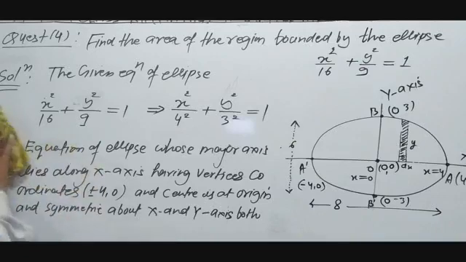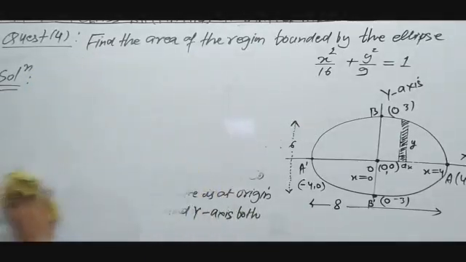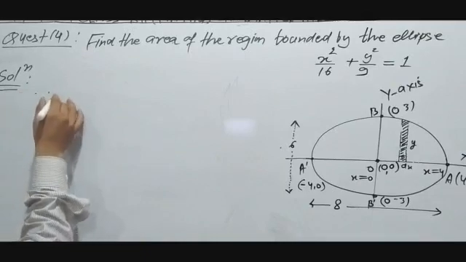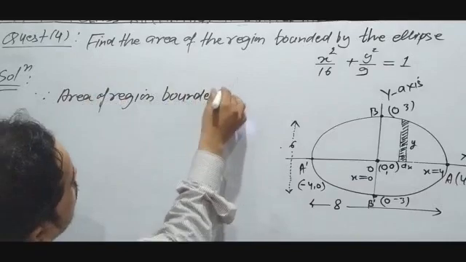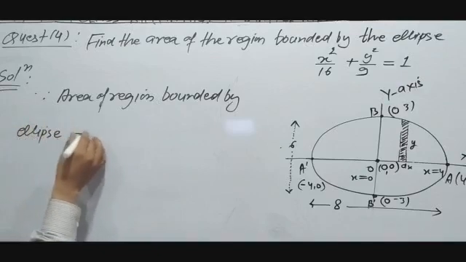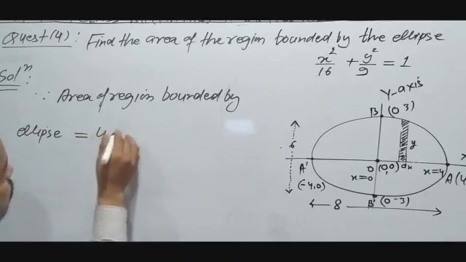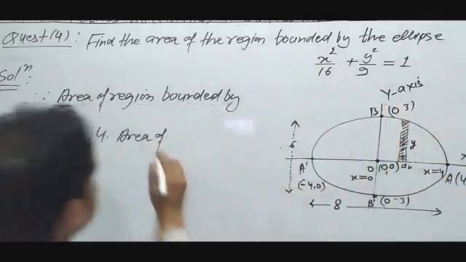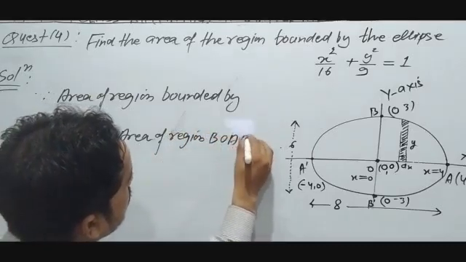Now see, since the area of the region bounded by ellipse is equal to 4 times the area of region BOAB.